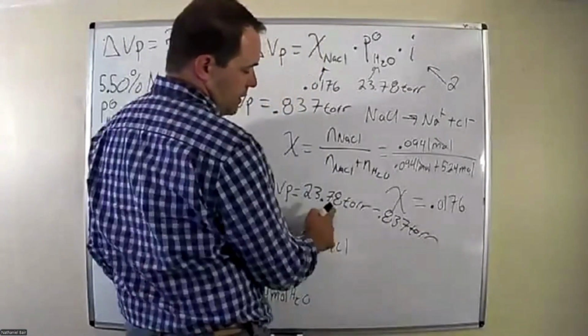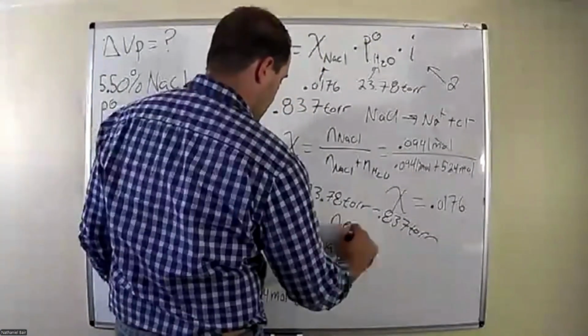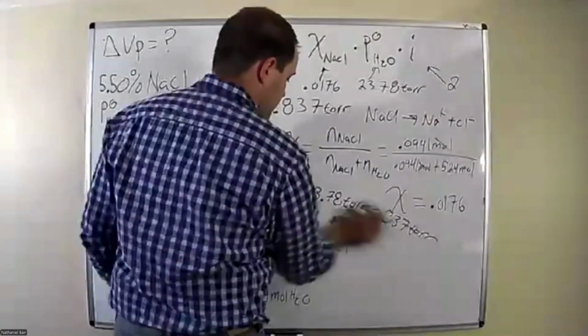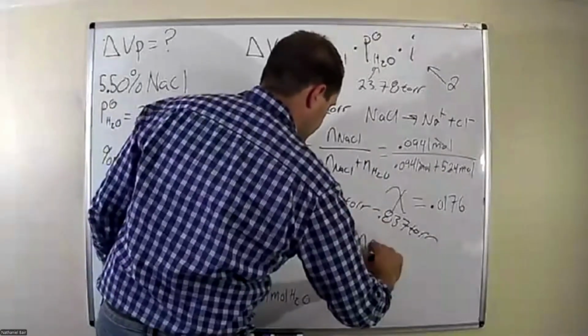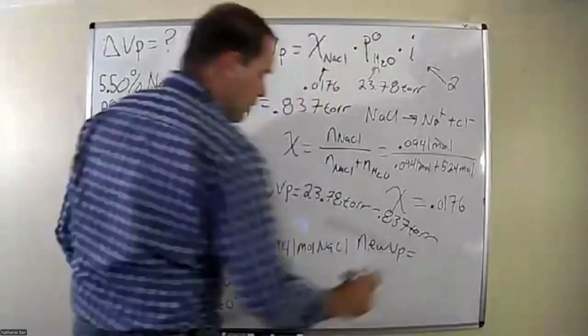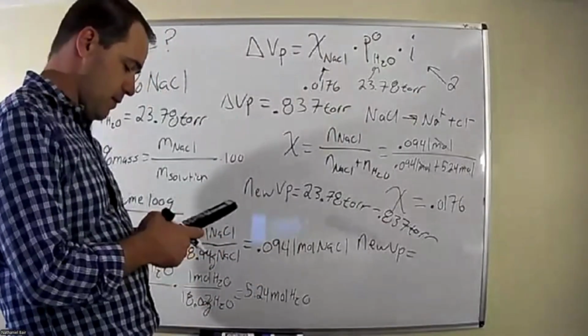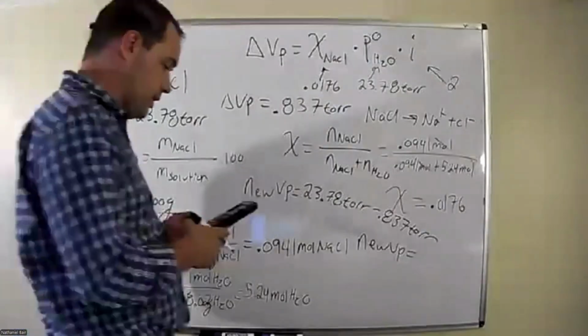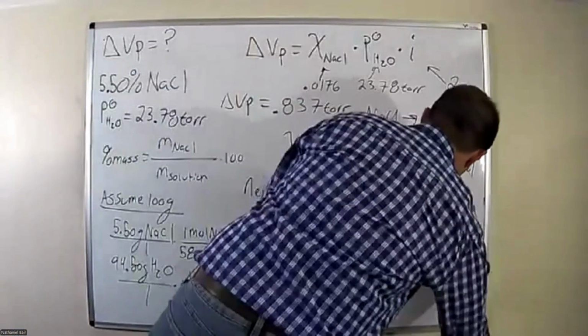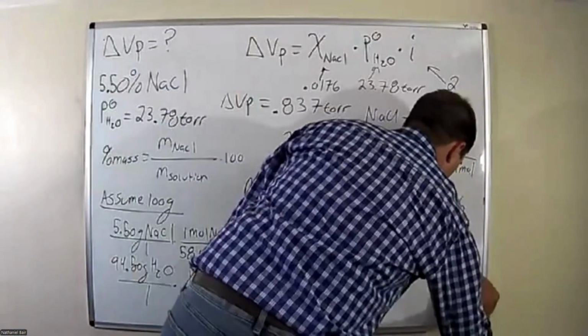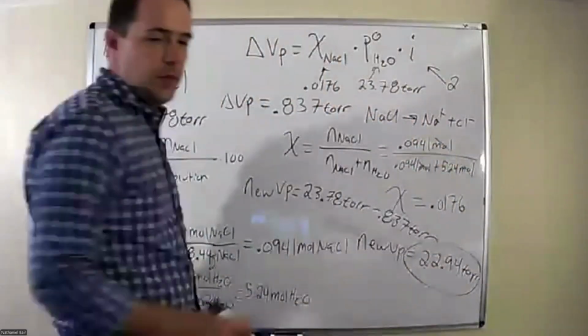We'll do addition and subtraction sig fig rules, and we'll stop at the hundredths place. The new vapor pressure is going to be 23.78 minus 0.837, which is 22.94 torr. That'd be the new vapor pressure.